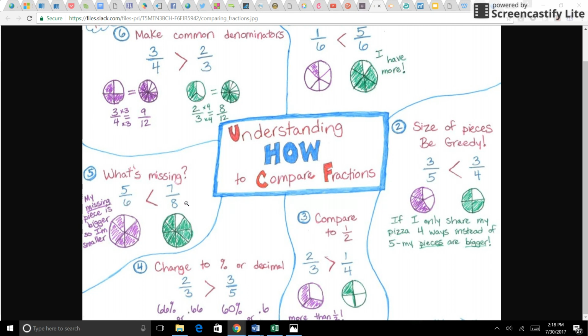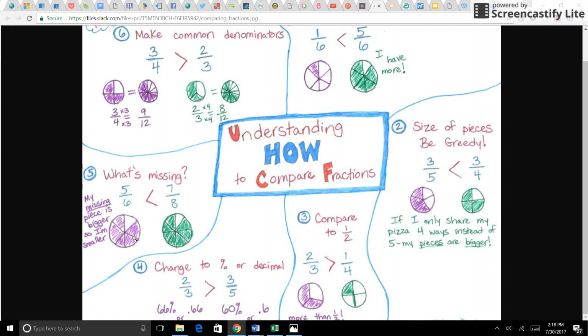Another strategy that I like is when we have two fractions that are one away or maybe two away from being the entire whole piece. So 5/6 is almost 6/6. 7/8 is almost 8/8. And I know if I had that one last piece, I would have a whole.